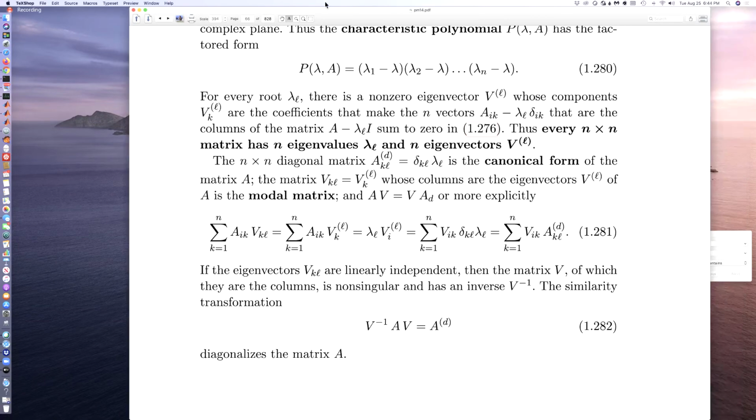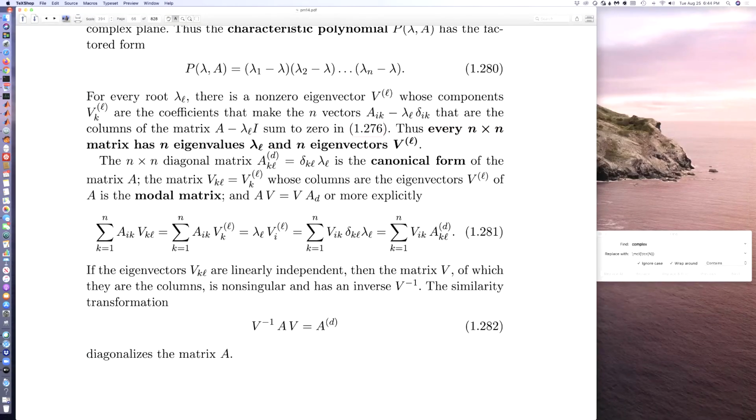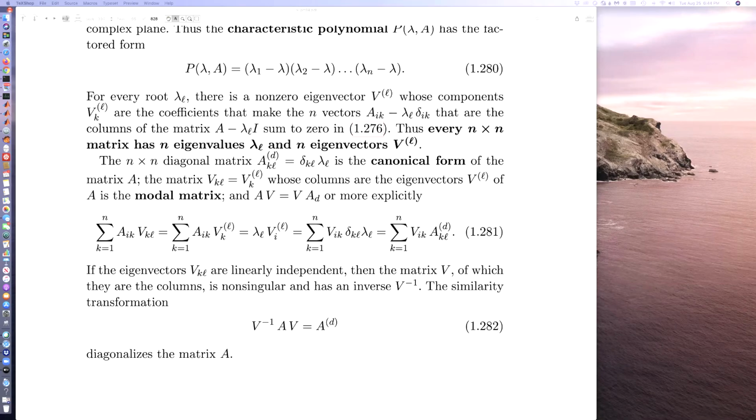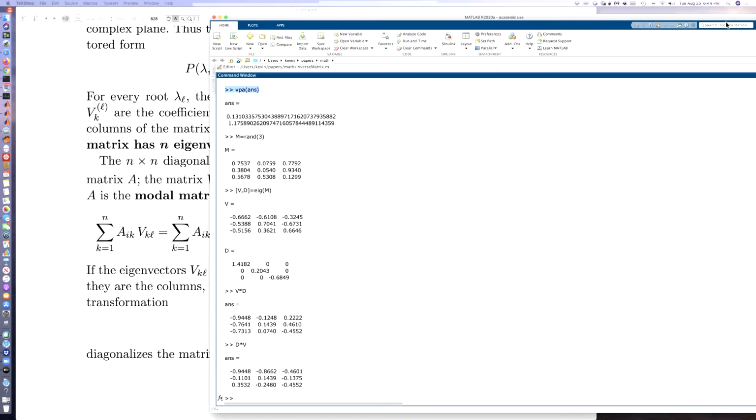In fact, maybe I can illustrate that if I can grab Matlab really quickly over here. Okay, there it is.